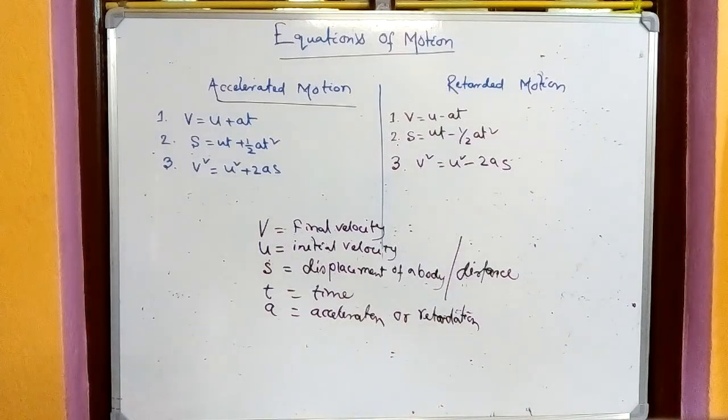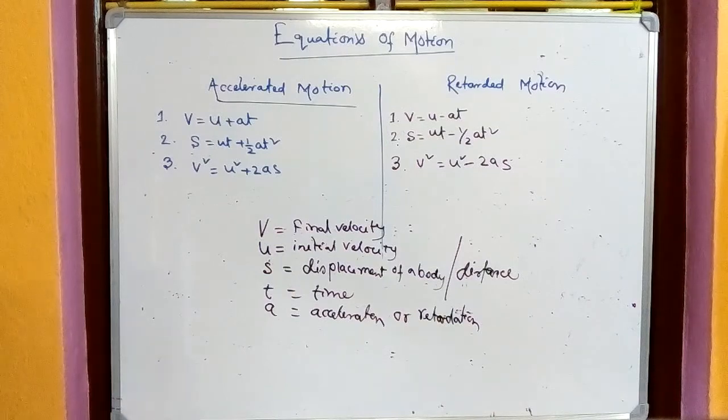Here we are finding the total displacement or total distance, where u is the initial velocity, t is the time, a is the acceleration, and the third one is v square equals u square plus 2as. v square means final velocity square, that should be equal to the square of the initial velocity plus 2 into acceleration into total displacement. You are thinking from where the equations are coming. Yes, in this part we have to learn where the equations have come from.